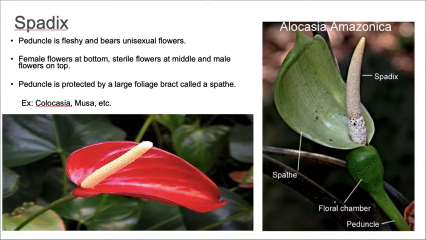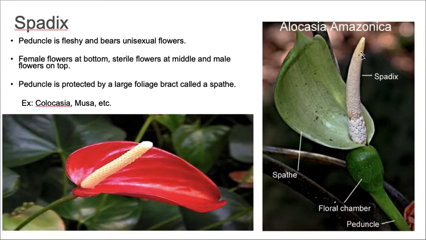For example, a flower with only androecium is called a male flower. Let us take another flower, a flower with only gynoecium, that is called a female flower. So these types of flowers are called unisexual flowers. Bisexual flower means flowers with both androecium and gynoecium. Hope you got my point.